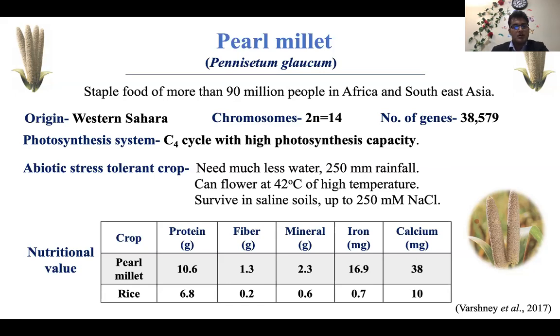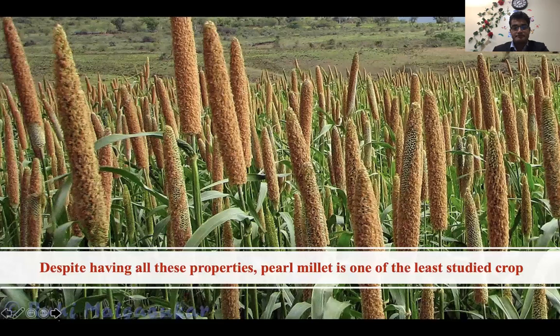But despite having all these characteristics, pearl millet is one of the least studied crops. If you go into the number of research publications, as compared to rice, wheat, maize, barley, or other cereals, it is one of the least studied crops. Since the genome sequencing in 2017 by the ICRISAT Rajeev group, research in pearl millet has advanced.